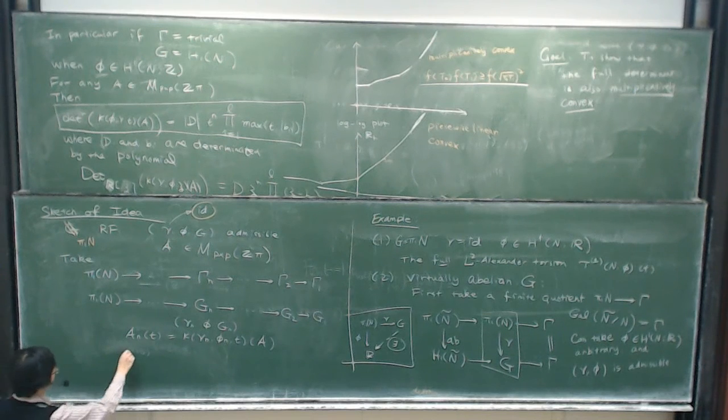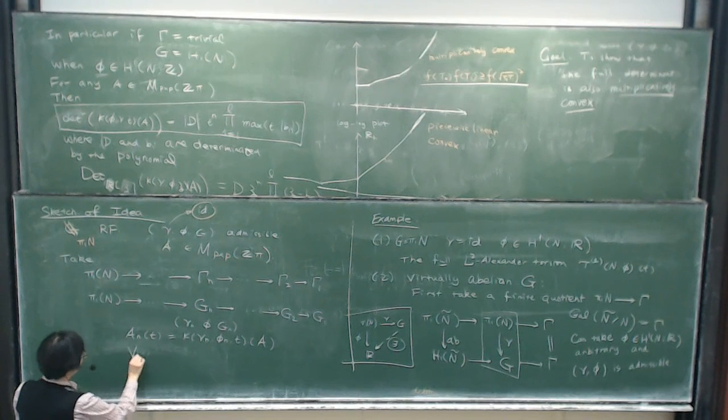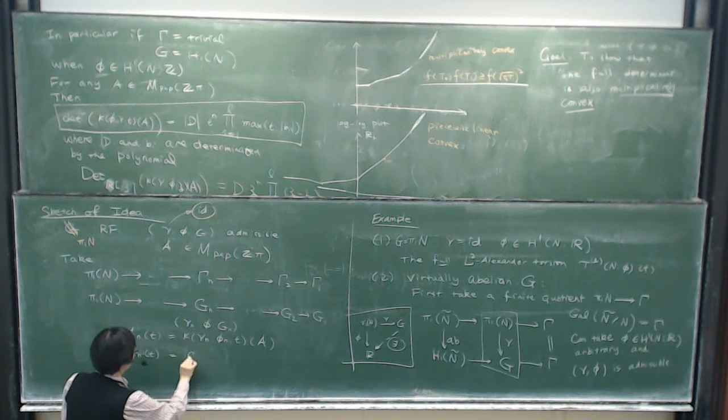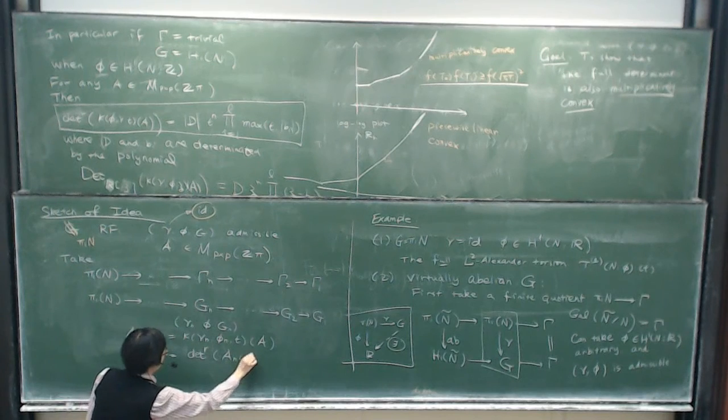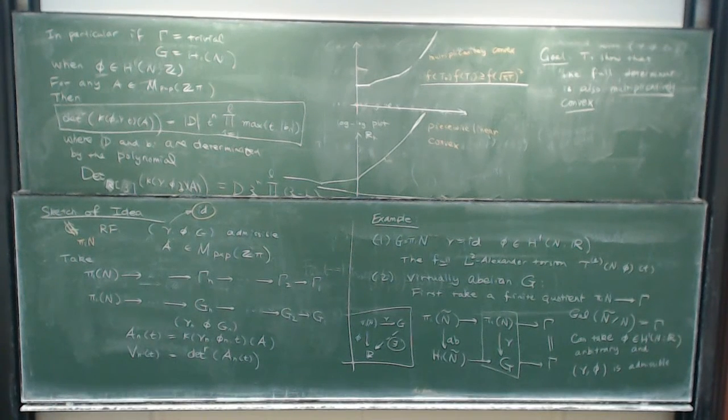And then you want to look at the function Vn of t, which is the determinant R of A and t.